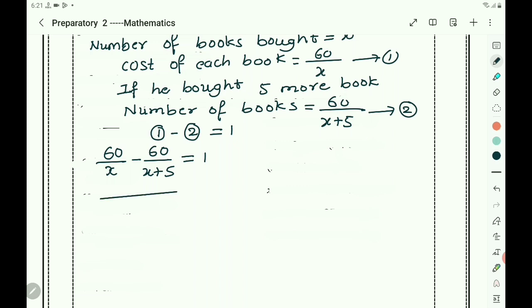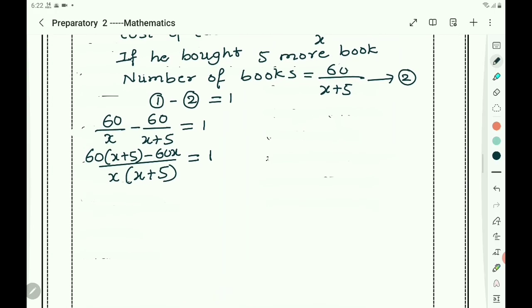Now you take the LCM of the denominators. LCM of the denominators is x into x plus 5, and the numerator becomes 60 into x plus 5 minus 60 into x, equals 1.